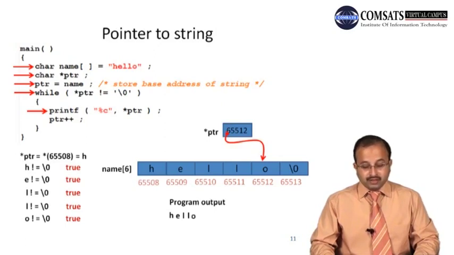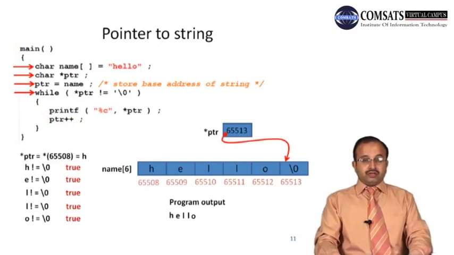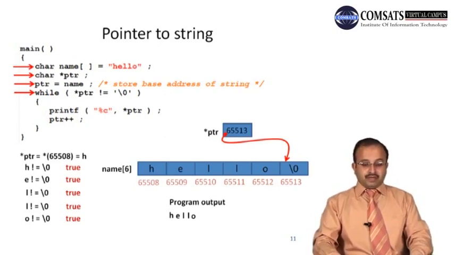So 0 will be printed, PTR will be incremented. Now in the while loop we are checking static PTR is not equal to null. So static PTR is null, so the condition becomes null not equal to null, and that is false, and the loop terminates. Control comes outside the loop.